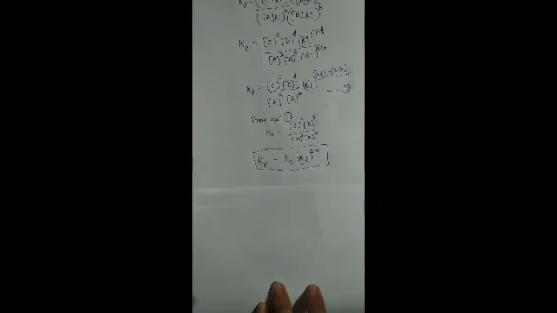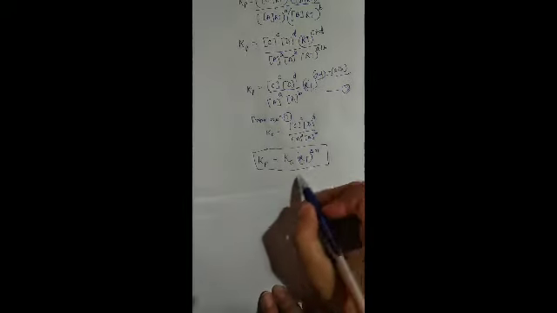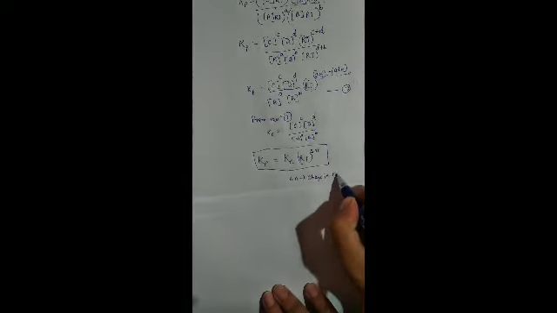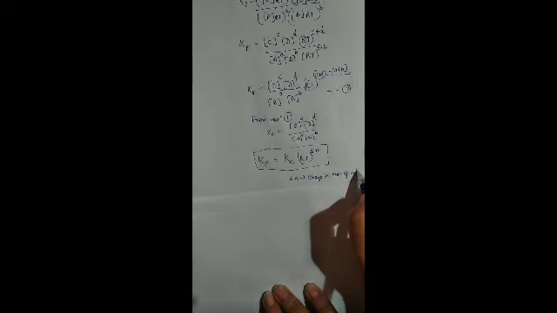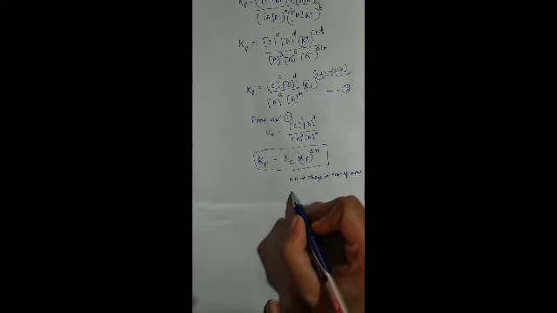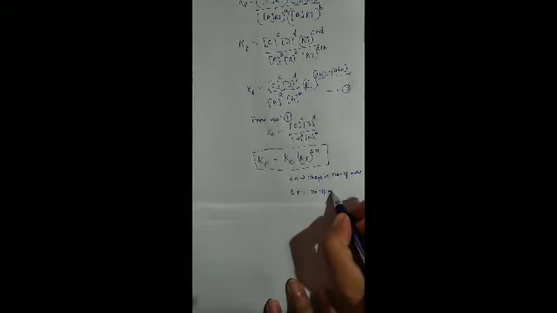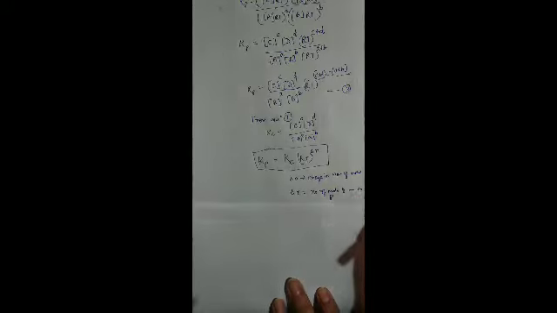So from here we get Kp is equal to Kc (RT) to the power delta n, where delta n is the change in number of moles, that is, the number of moles of the product side minus the number of moles of the reactant side.